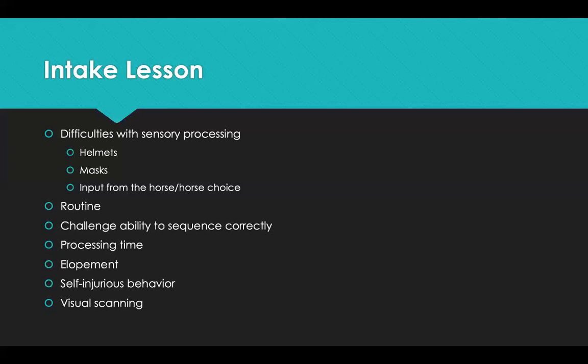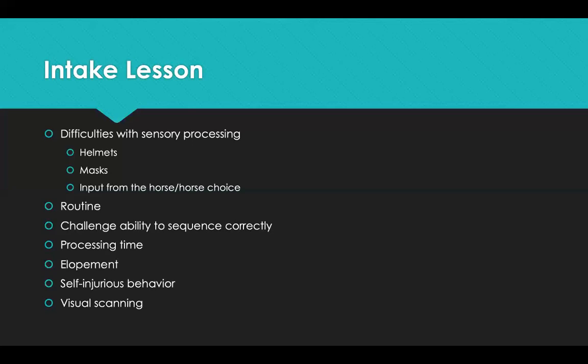And their processing time, oftentimes people with autism might have a little bit of a longer processing time, and sometimes they do not. So just keep this in mind when you're asking them to do something, especially if it's a person that struggles with motor planning or motor sequencing, and you just ask them to do a 3-step direction, it might take them some time to process that information. So just be cognizant of that to give them the appropriate amount of time.